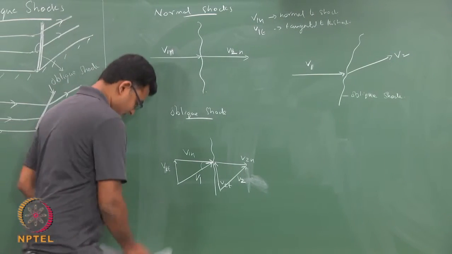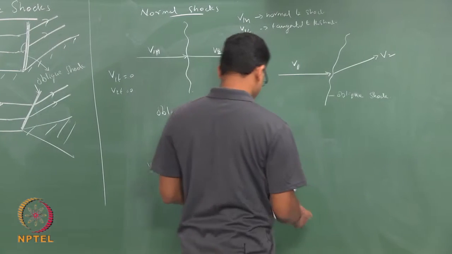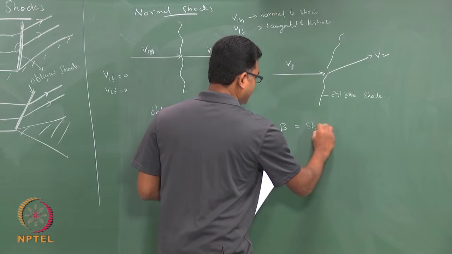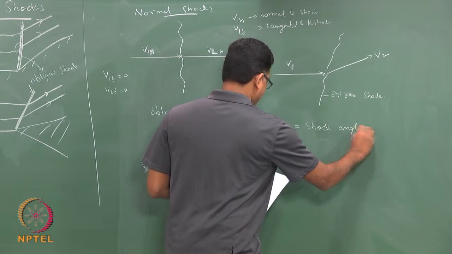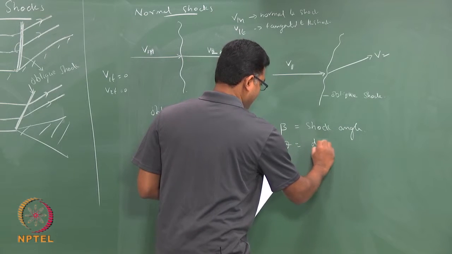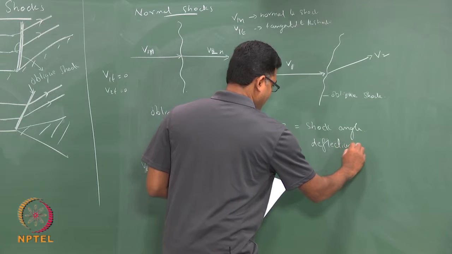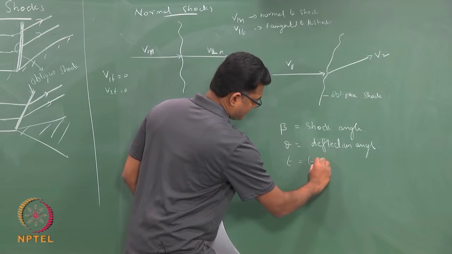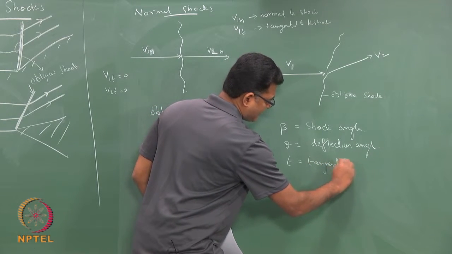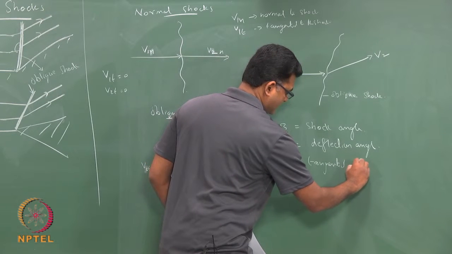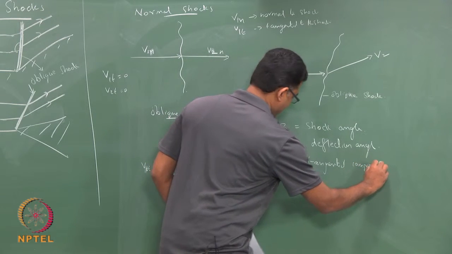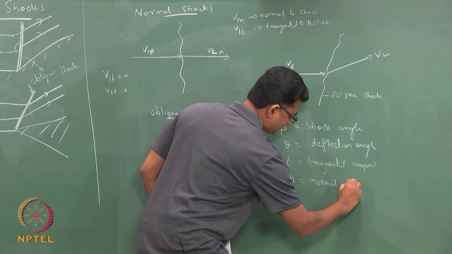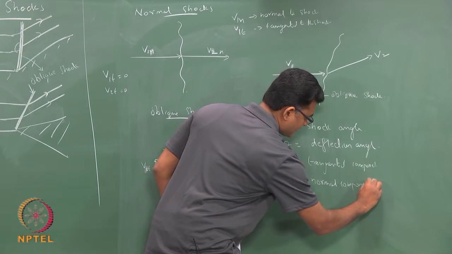Now, some notations which we are going to follow. Beta is my shock angle, theta is my deflection angle. And obviously t is for the tangential component of your velocity, and n is the normal to the shock.